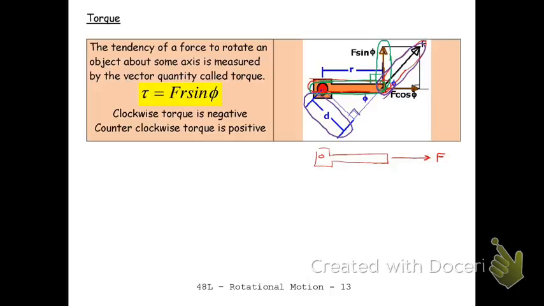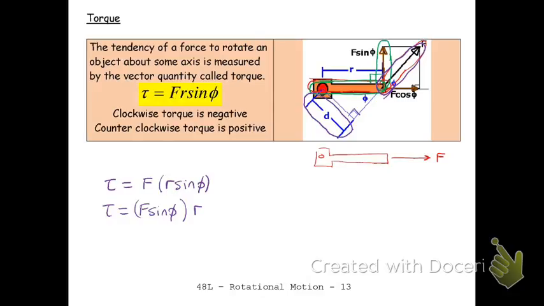So I could say that my torque is equal to the force times the component of the lever arm, or I could say my torque is equal to the component of the force times my lever arm, whichever you like.